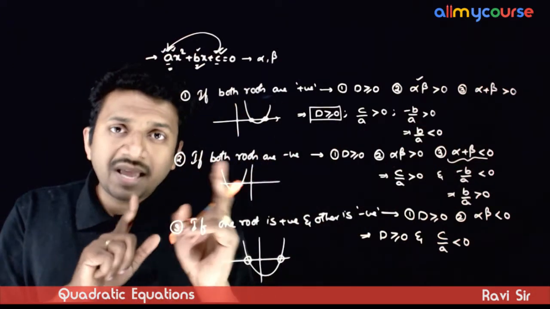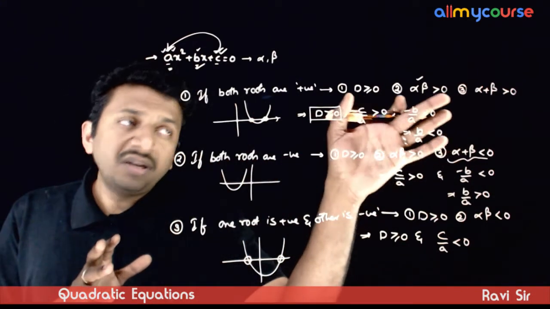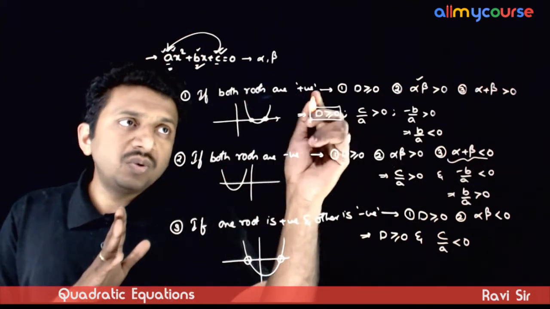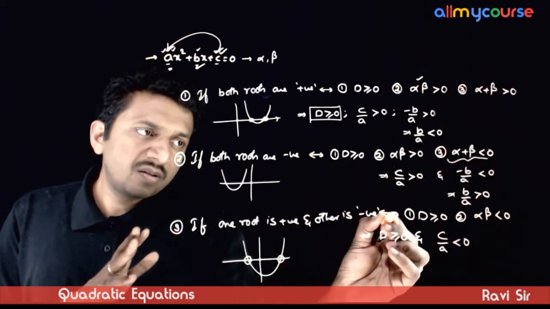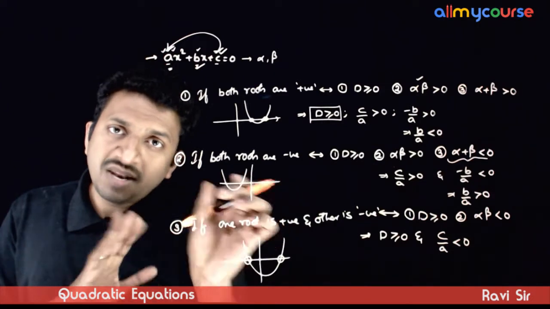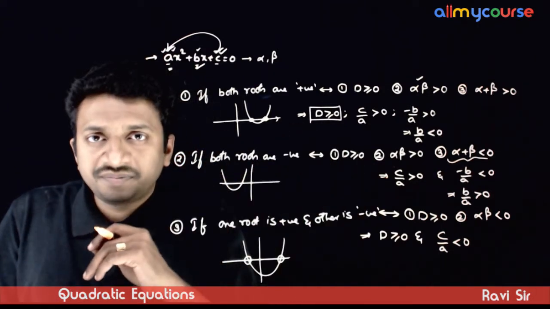These are biconditional statements. That is, if this happens, these have to happen. If these happen, this happens. The conditions work in both ways. So if these three conditions are valid, then the graph will be like this. And if the graph is like this, these three conditions are valid.